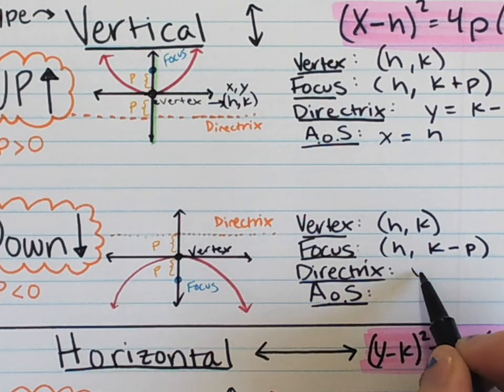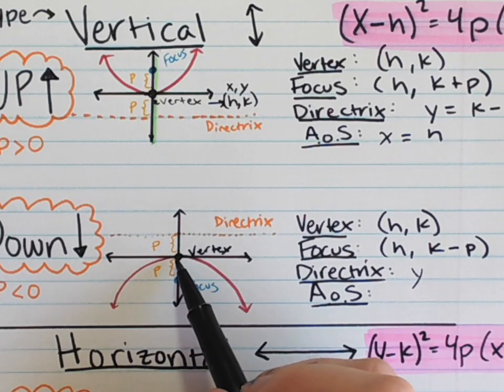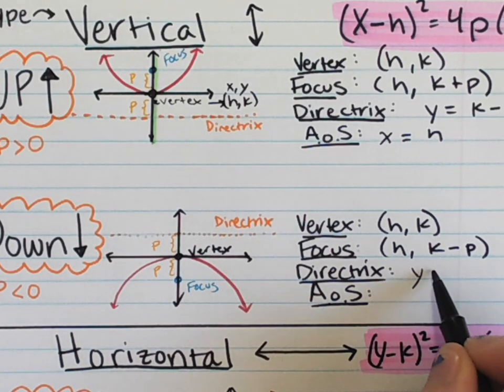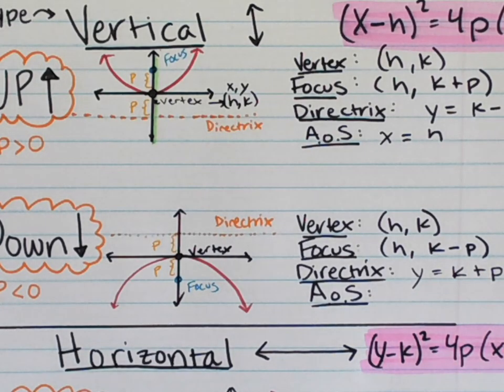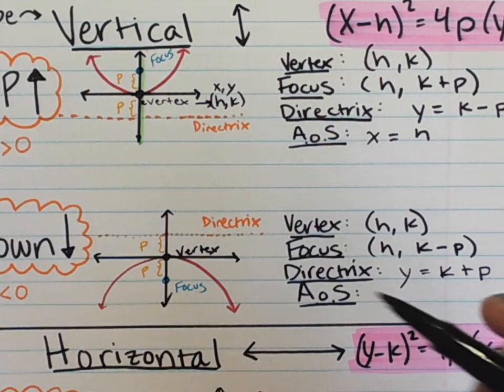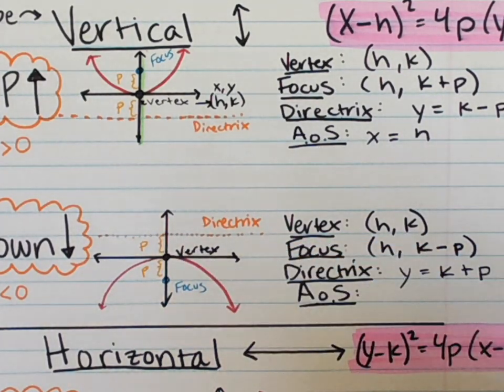For the directrix, in this case, the directrix is above the vertex, so we're going to do y equals k plus p. Now, do you have to memorize all these? No. I'm trying to show you the deeper understanding, so you don't have to remember when to use k minus p and k plus p.